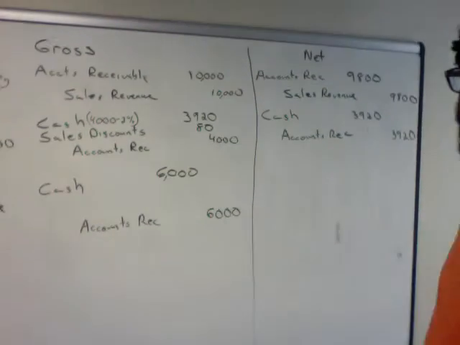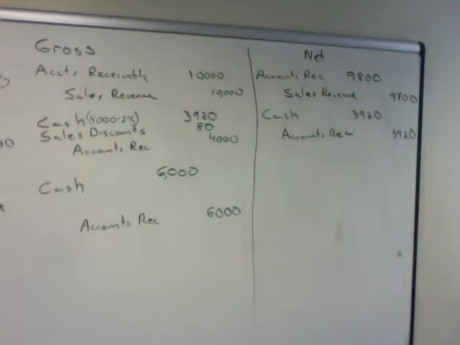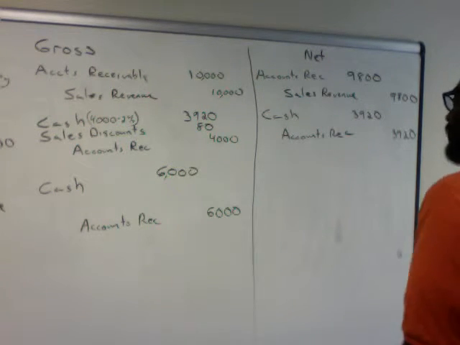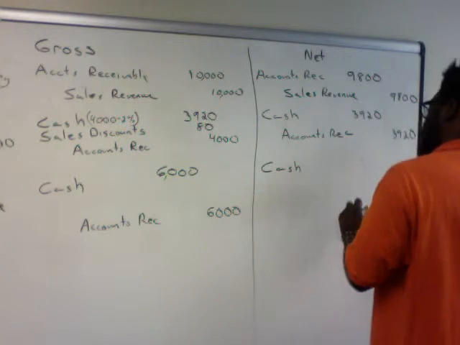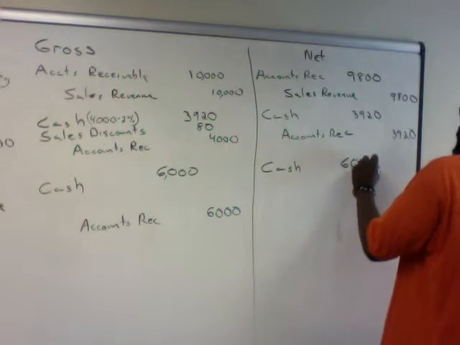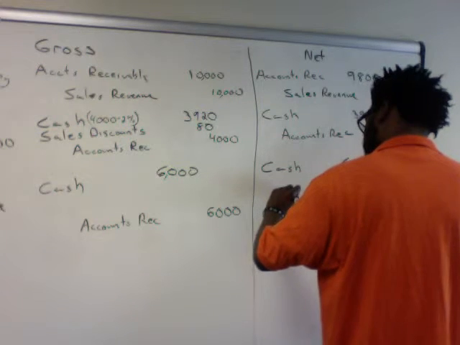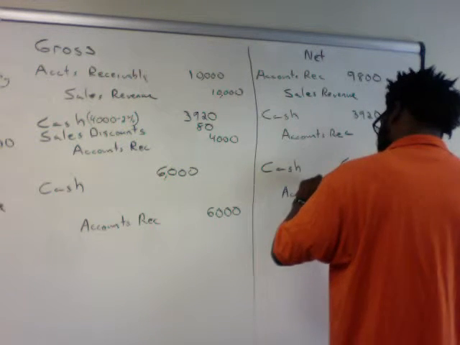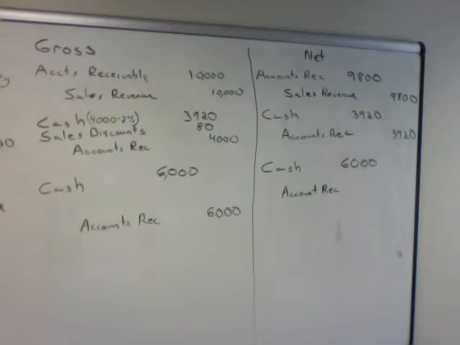But how would that differ with a collection on account outside the discount terms when you're practicing the net method? Again, we're still going to debit cash, and we realize at this level that no discount was given, so our cash will equal $6,000. But the rule of thumb dictates that we have to credit accounts receivable at its net amount, net of the discount, even though it wasn't being taken out, right?